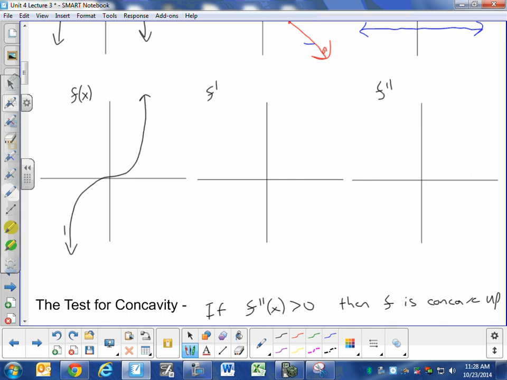So we got positive, less positive, 0, less positive, more positive, and then for f double prime we'd have negative, negative, 0, positive, positive, positive.